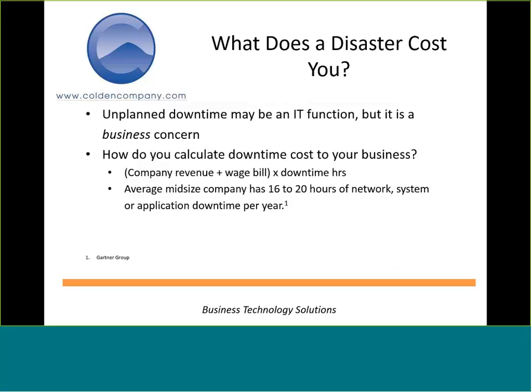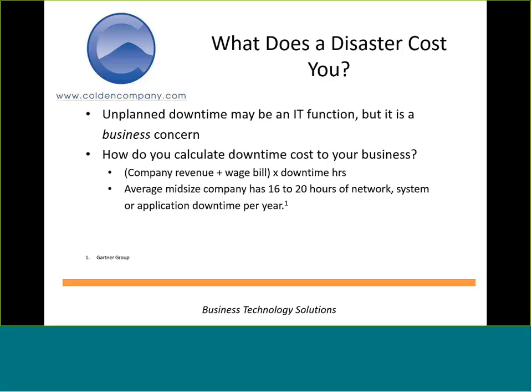There's a very simple calculation on what downtime costs your business. If you take your revenue and your wage bill and you break that down to an hourly basis, and you multiply that by the amount of time that you're down, that is what an hour of downtime costs your company.